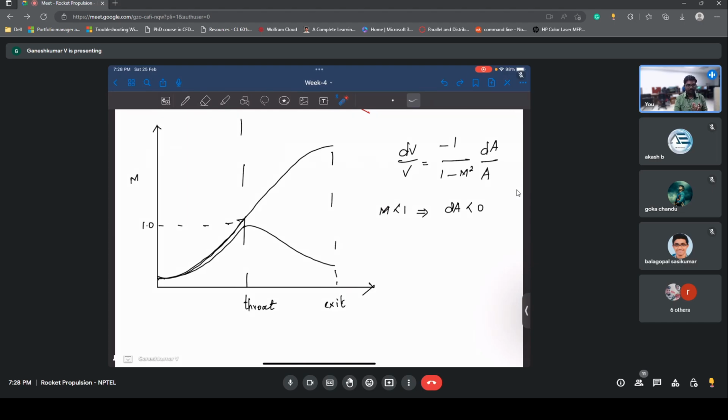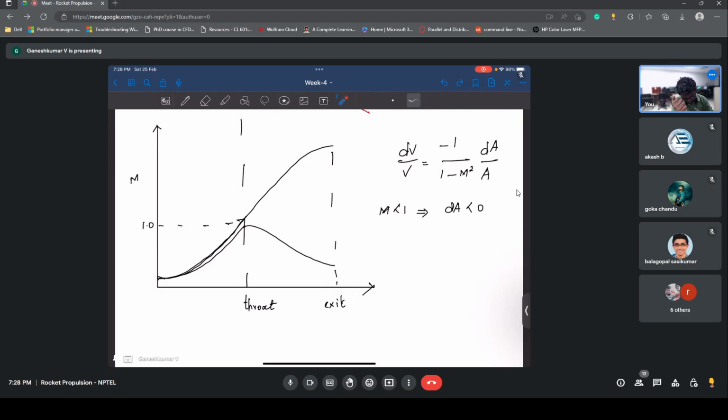A shock happens when the information is not able to reach from the downstream. If I'm moving faster than the speed of sound, since pressure waves can travel only at the speed of sound, I do not have any knowledge of the downstream, right?